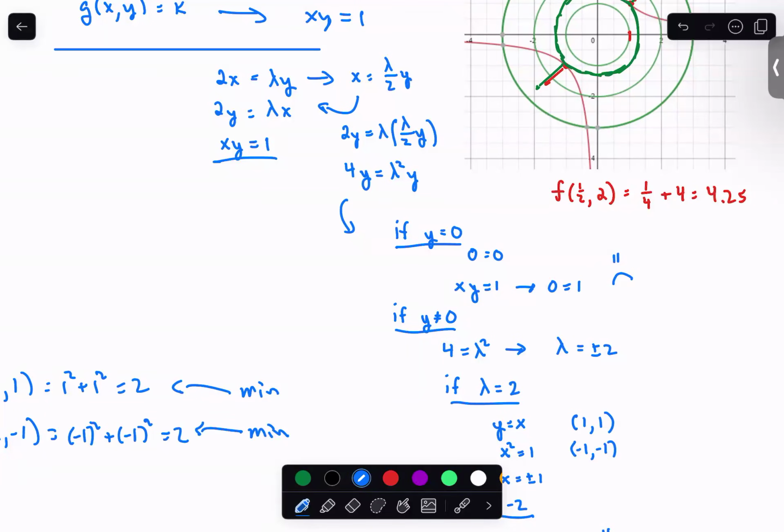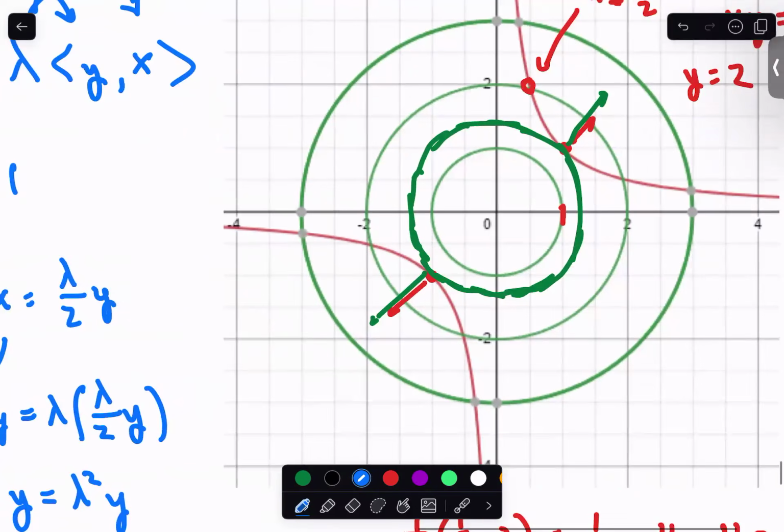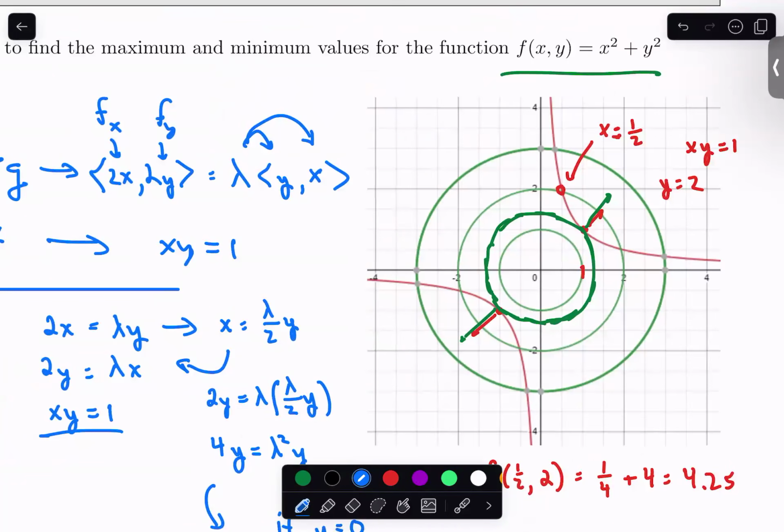But this is not obvious, and it requires a little bit of thinking as far as is this a maximum or a minimum? So for instance, one thing we can think about is for x squared plus y squared, the smallest value possible would be 0, right? That would be the absolute minimum for this thing if we weren't on this constraint equation.